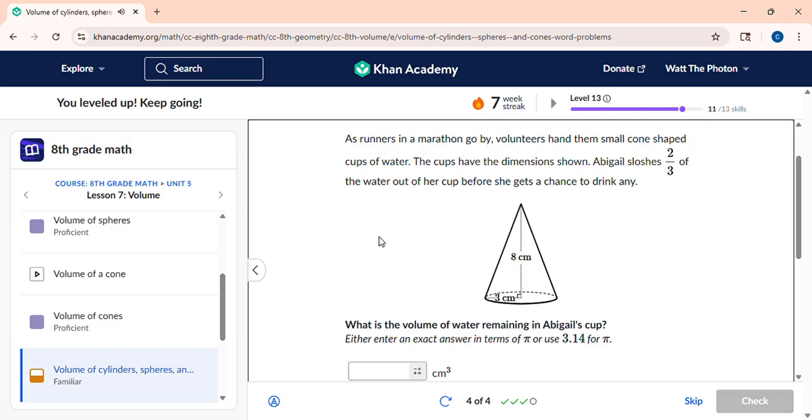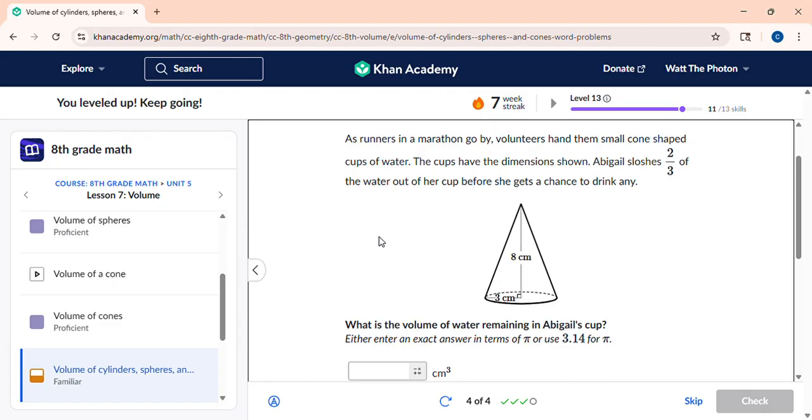Okay. So as runners in the marathon go by, volunteers hand them small cone-shaped cups of water. The cups have the dimensions shown. Abigail sloshes 2/3 of the water out of her cup before she gets a chance to drink any. What is the volume of the water remaining in Abigail's cup? So it's 1/3 pi r squared h.